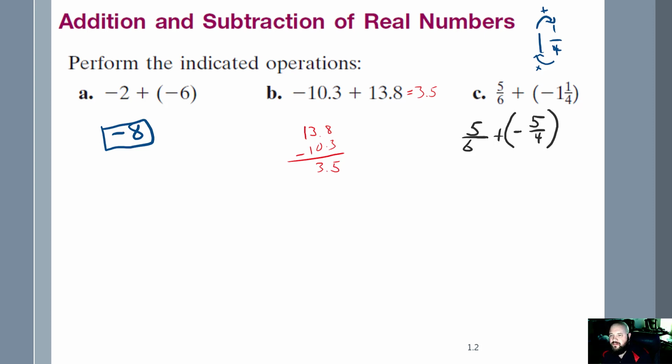What number can both a 6 and a 4 go into? I think 12 would be a good easy number, because 6 goes into 12 and 4 goes into 12 as well.